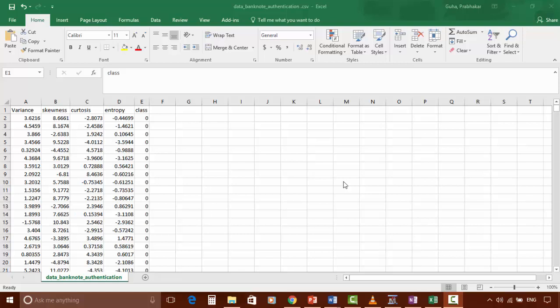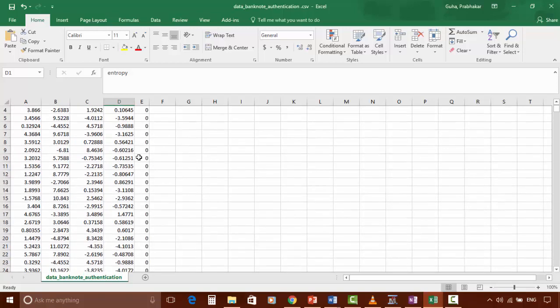For this video, I'm using the banknote authentication database. This data was extracted from images taken from genuine and forged banknote-like specimens. For digitization, an industrial camera was used for print inspection, and from that image, various parameters like variance, skewness, kurtosis, and entropy are measured.